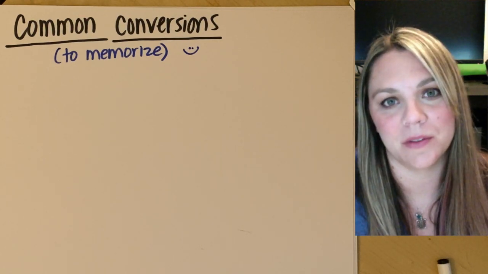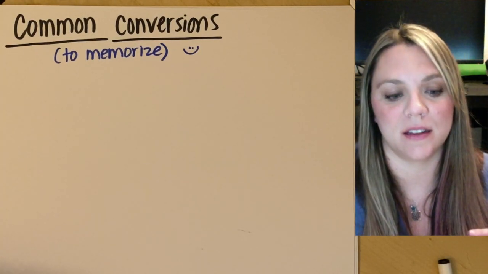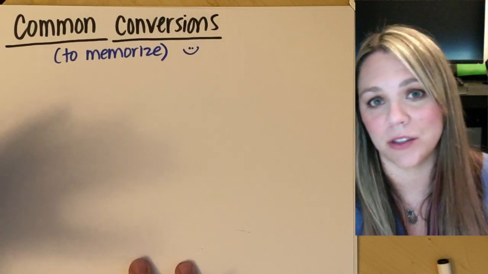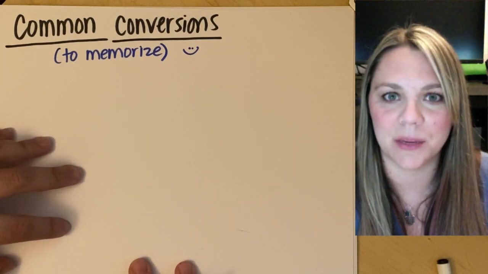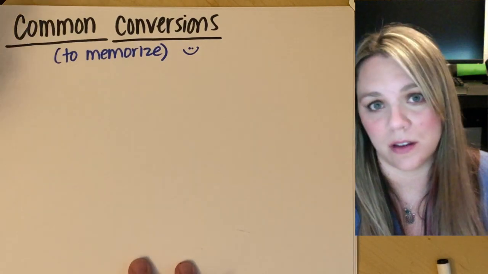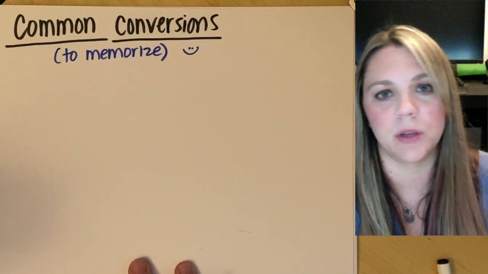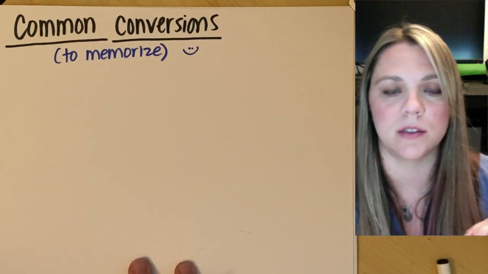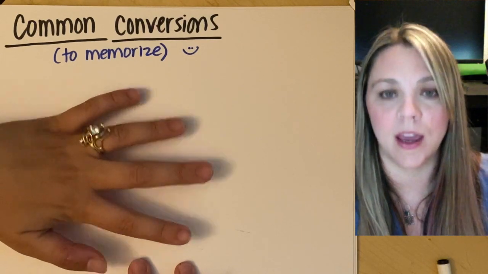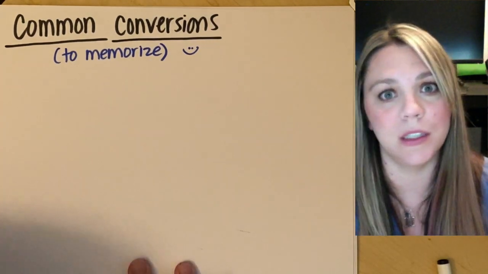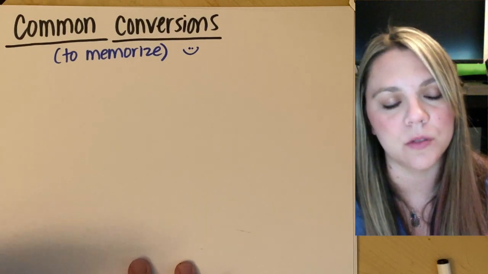We are going to use conversions a lot in chemistry, and actually, we're not just talking about converting between units, which is what we're doing right now in chapter 2, but later on in chem, we're going to be talking about converting between molecules and converting between reactants and products and all kinds of stuff. So understanding this and how to convert is actually really important in chem. So please make sure that you're super solid on this.